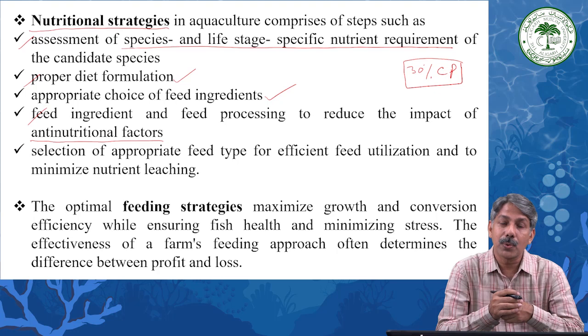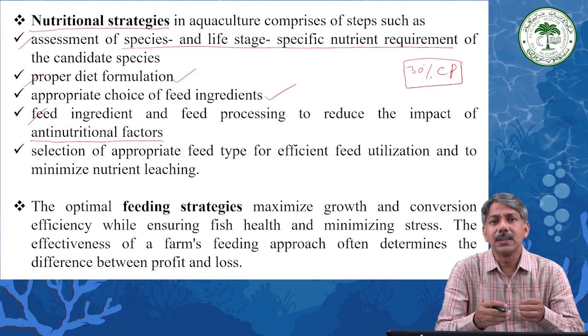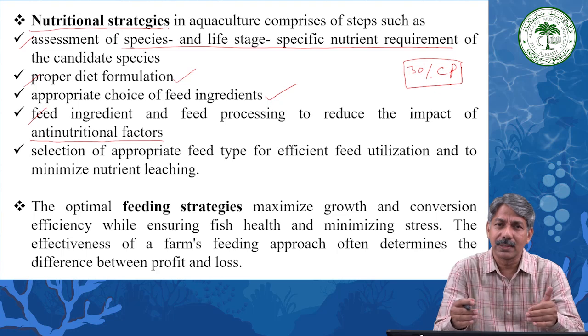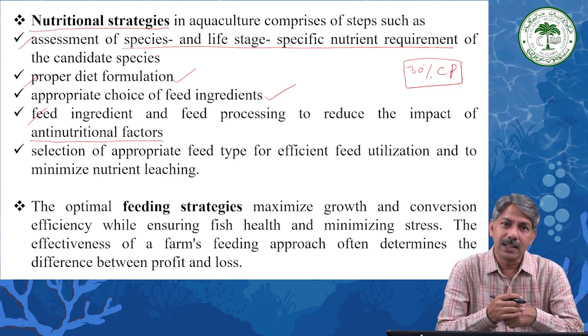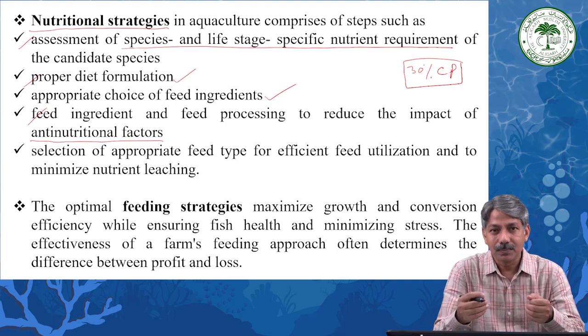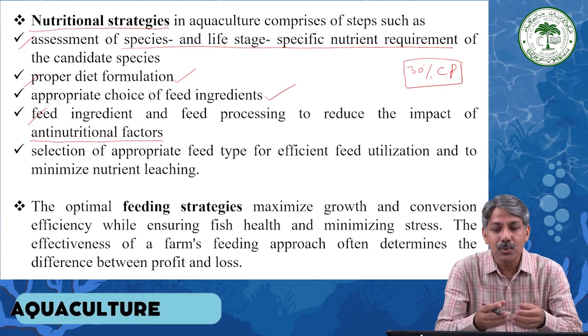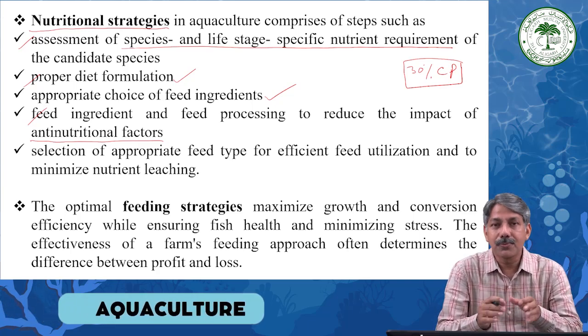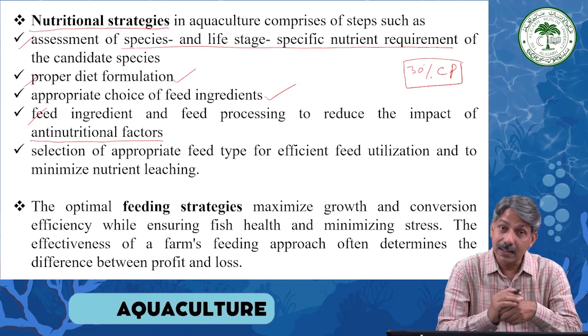So usually what people do is soak it overnight, or something else that you will have to standardize according to the ingredient you have and the region where you are doing it. A little processing of the ingredients can make the nutrients better available to the candidate species, so you will have to take care of that also.